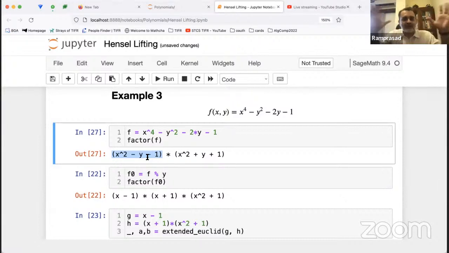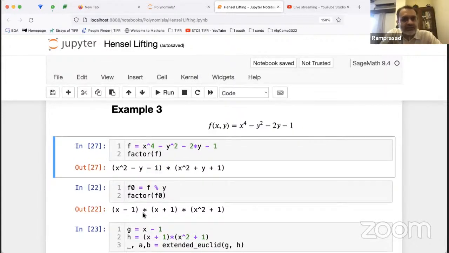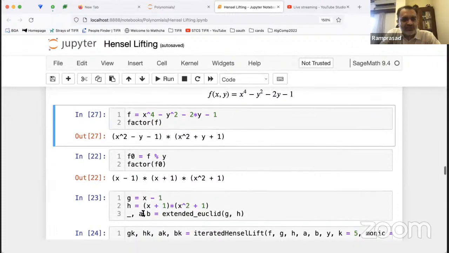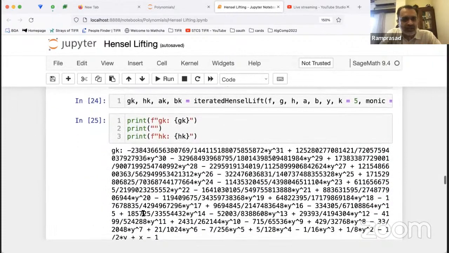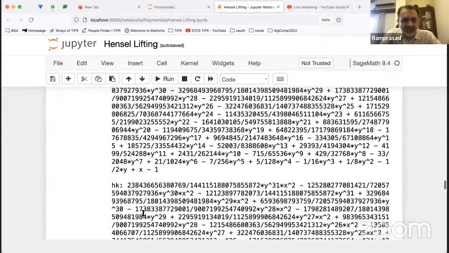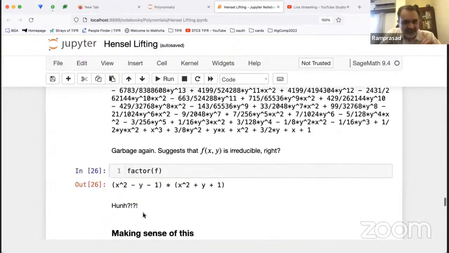So somehow I had an original factorization, but when I went mod y, it decomposed further. And we didn't know better. So we just chose one of the factors and said, let's start with that. And so naturally, when you do this lifting, it seems like you're ending up with garbage. But it's actually hinting towards something.